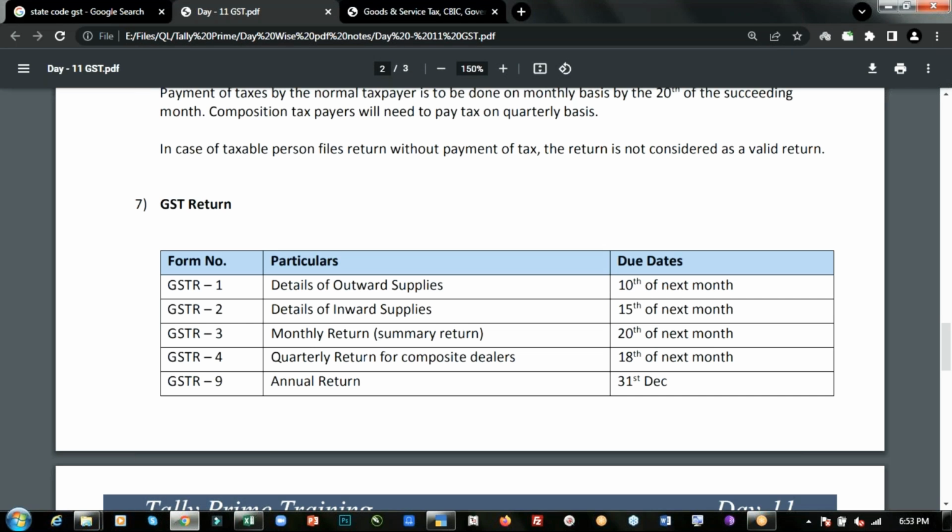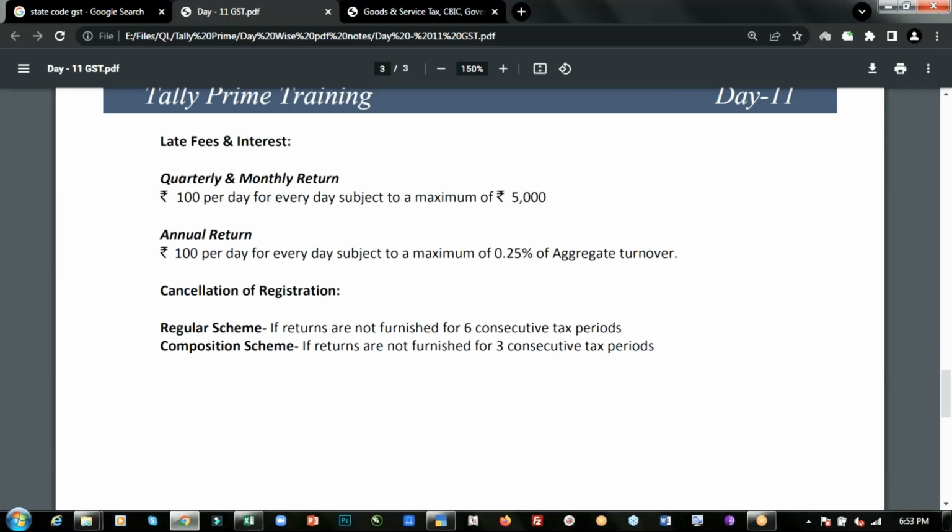All right. Then comes late fee and interest charges. Basically, guys, if you do not file the returns and you don't pay the GST, because we cannot pay the GST without filing the returns, there are some late fee and interest charges. For quarterly and monthly returns, 100 rupees per day, subject to a maximum amount of 5,000 rupees.